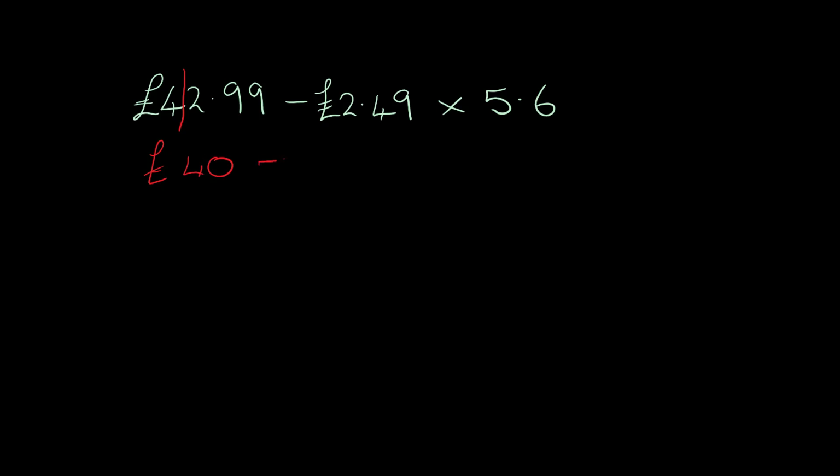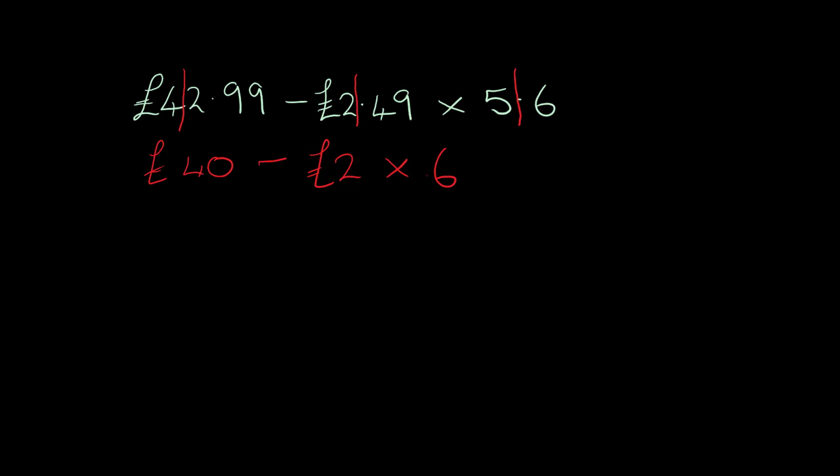Then we're going to take off £2.49. Again, if we round that to the nearest significant figure, that would actually be £2. And then again, we're going to round this number on the end to one significant figure, so that would mean to the nearest whole one, so that would be 6.